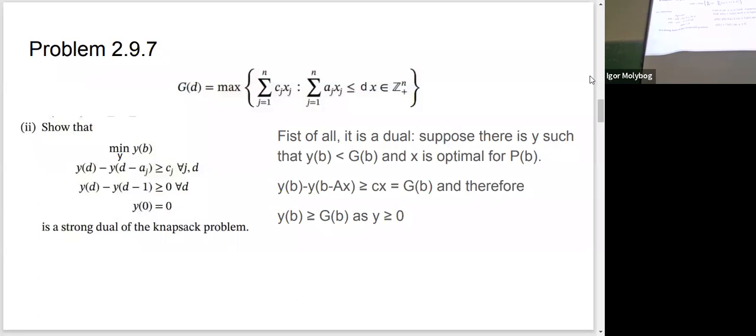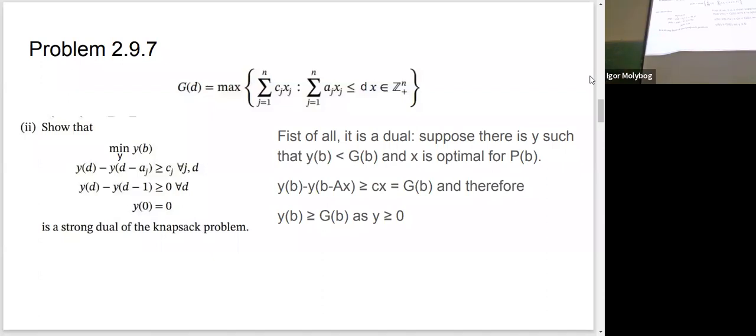Now let's get from this inequality to the inequality of the form we want. For this specific case, it is going to be y of b minus y of b minus 2a1 plus 3a2 plus 1a3.